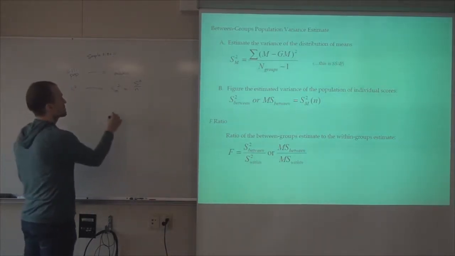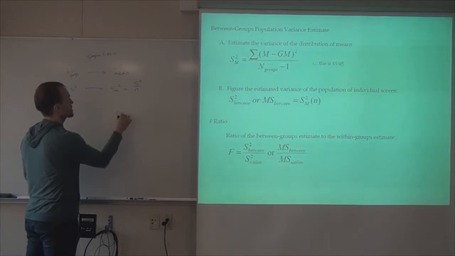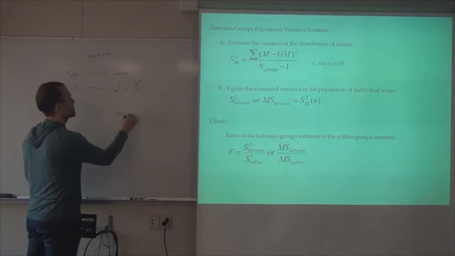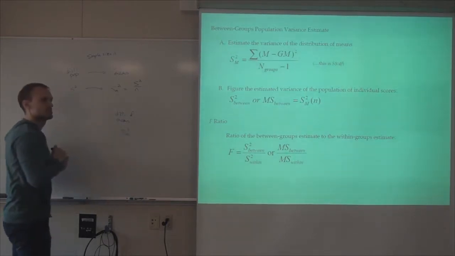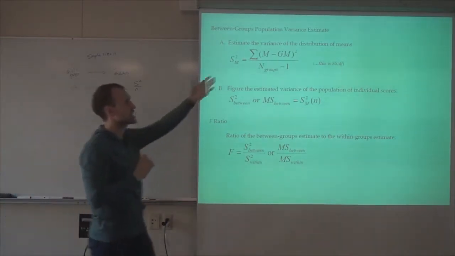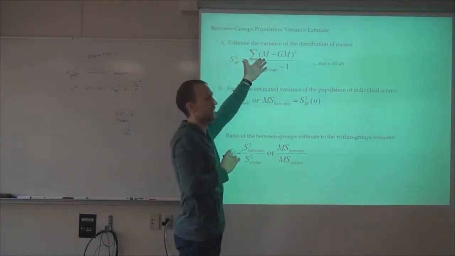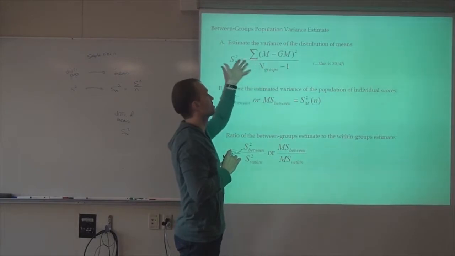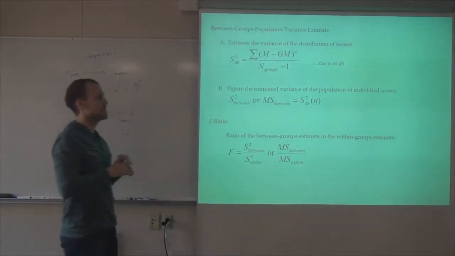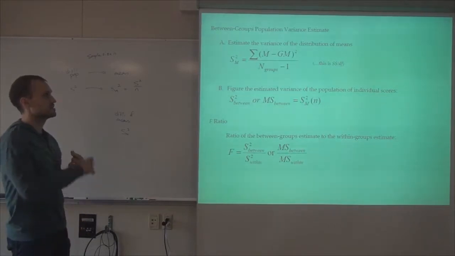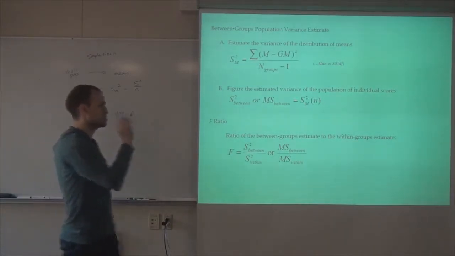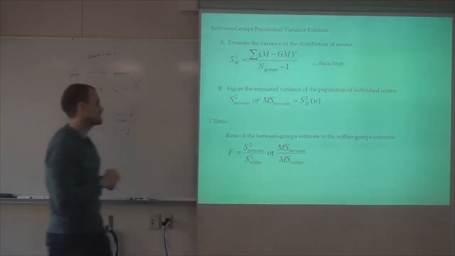Now if I want to go the other direction, which I do in this case, the distribution of means is what I have an estimate for, because I'm looking at a collection of sample means and calculating the variance among them, using that as an estimate for the distribution's variance, but the distribution is now a distribution of means.